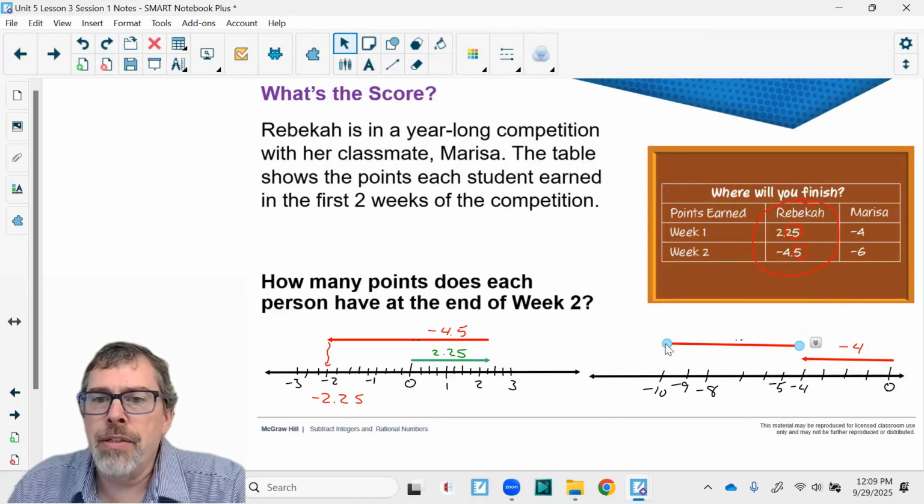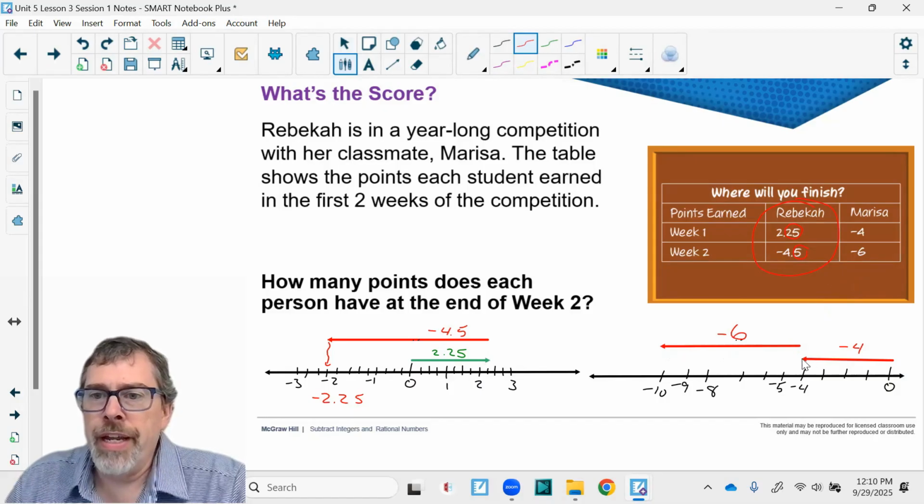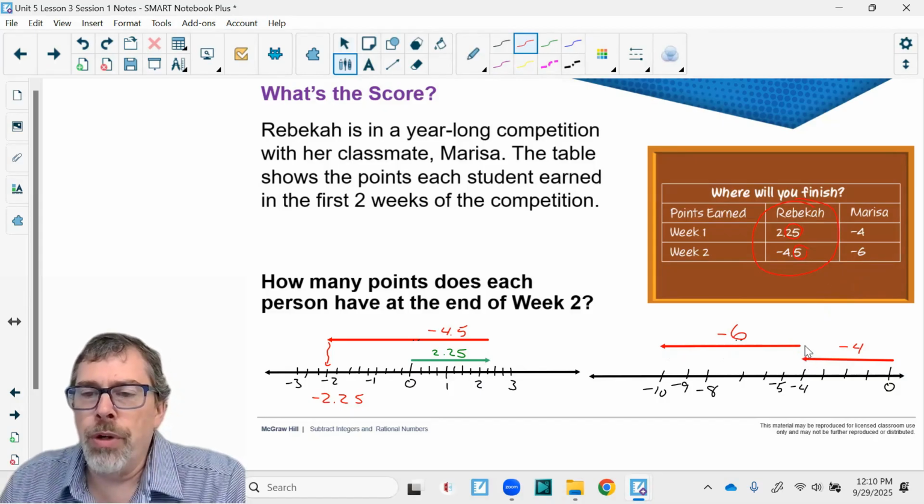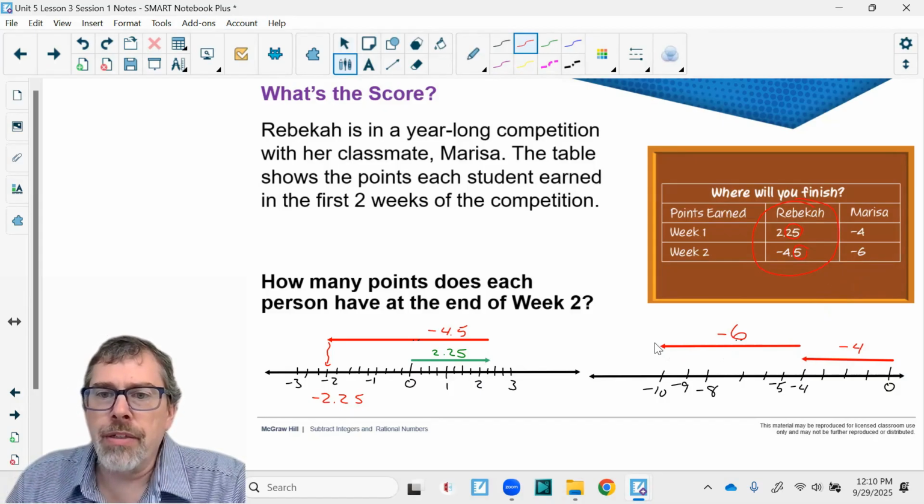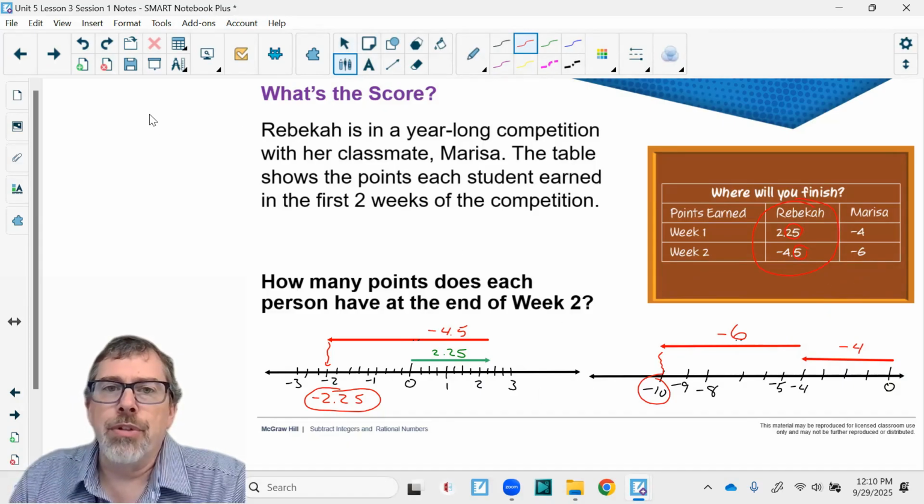So if I make this arrow a length of -6, then we'd have -4, week 1, -6, week 2, ending up with a total of -10. Okay. So Rebecca had -2.25 points after 2 weeks, and Marissa had -10 after 2 weeks.